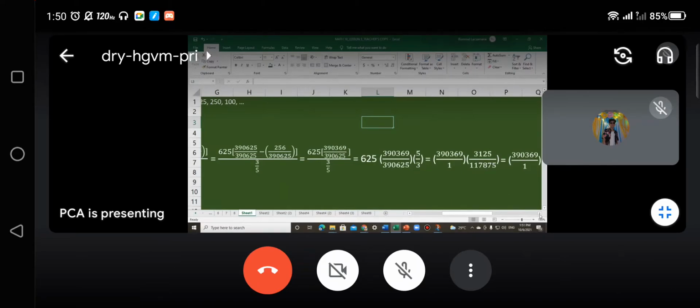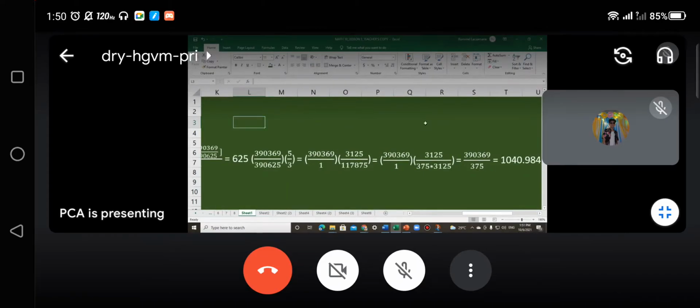Okay, and then in the textbook, this is your answer before this, right? So what happened is that 3125 and 11875 is having a simplified fraction.